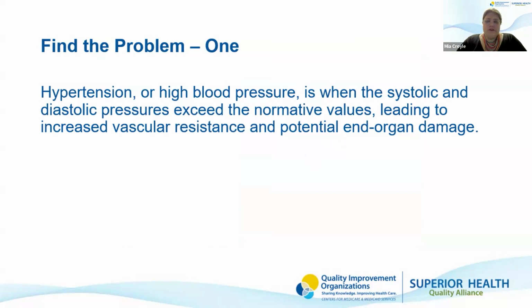So I want you to put in the chat or just come off mute and say what areas seem problematic here. Hypertension or high blood pressure is when the systolic and the diastolic pressures exceed the normative values, leading to increased vascular resistance and potential end organ damage.